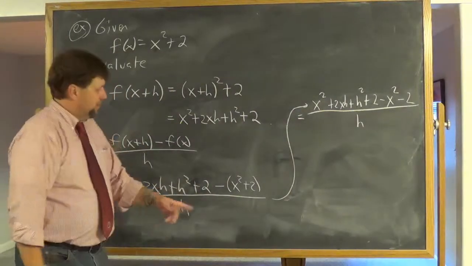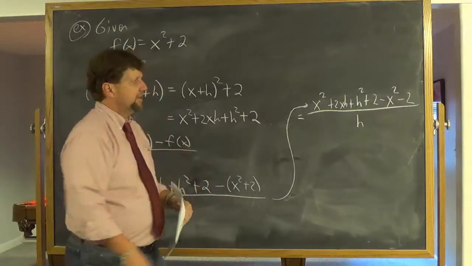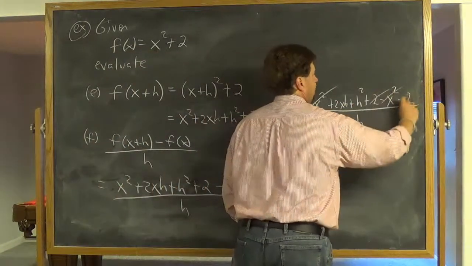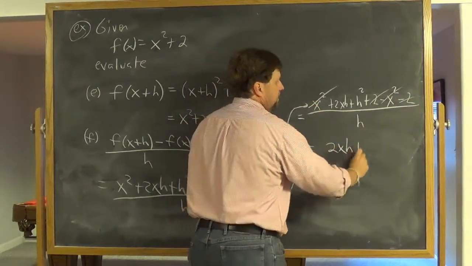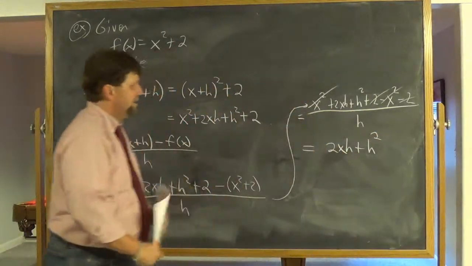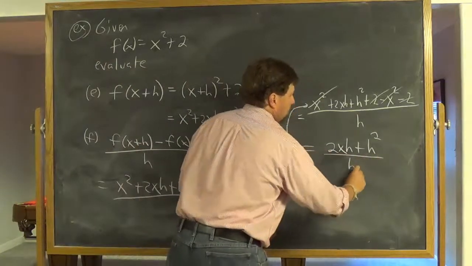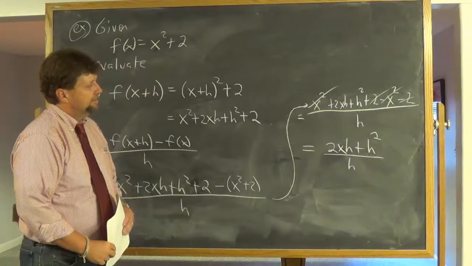And then you notice once you distribute that negative, look in the numerator, you're going to have some stuff cancel out. The x squareds cancel out, the 2's cancel out. So look at that. You've cleaned it up to a 2xh plus an h squared. Well, that was kind of nice, wasn't it? Oh, all over h. Almost forgot my denominator. So that was kind of nice.